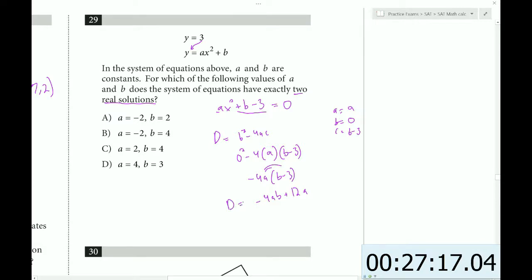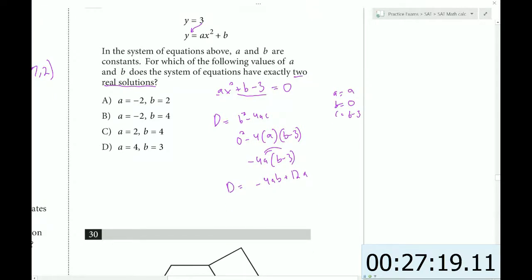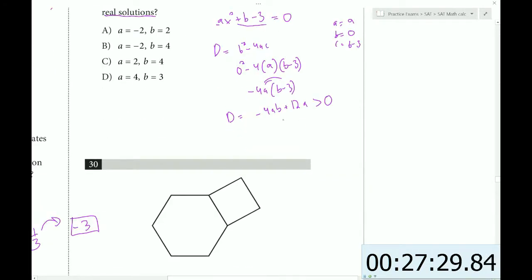And I might be doing this the hard way, but let's see. We want our discriminant to be greater than 0 to have real solutions. So we need this to be greater than 0. So we can come up perhaps with a condition on a and b. In fact, we can factor out a 4. We'll be left with negative ab plus 3a greater than 0.